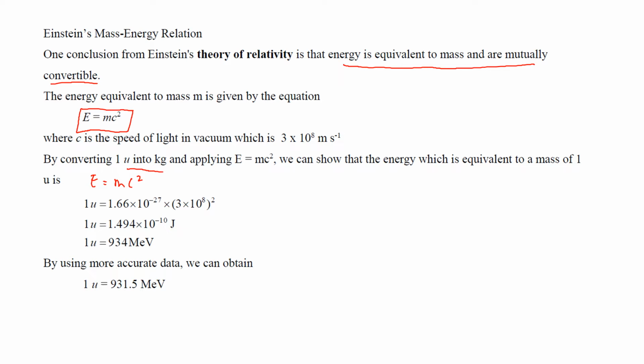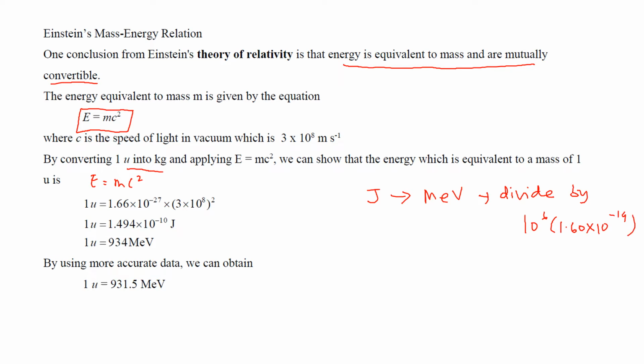We can also convert the joule unit to mega electronvolt. To change joule to mega electronvolt, we divide by 10 power of 6 times 1.60 times 10 power of negative 19.